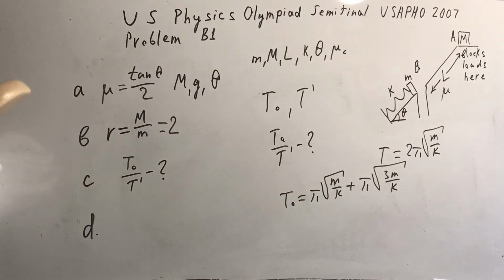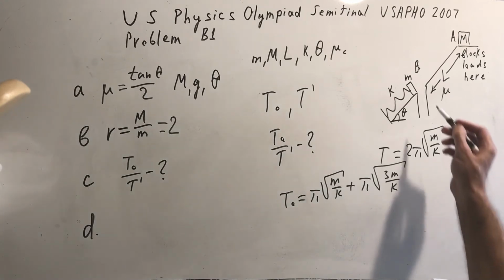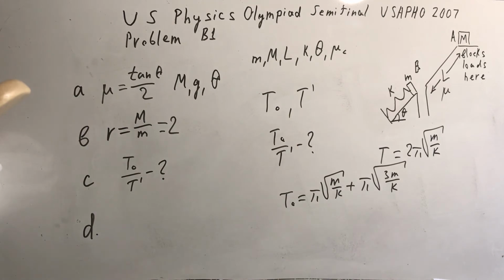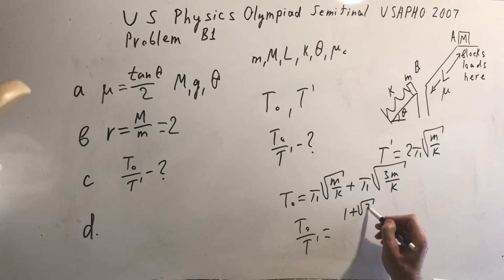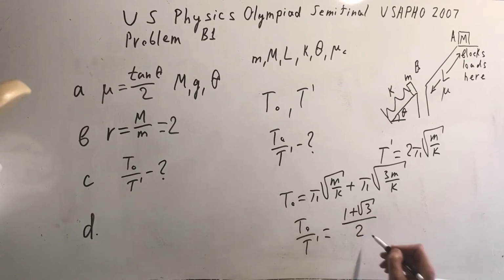And the period for this plane separately is this one. So it means that t0 over t prime is equal to 1 plus root 3 over 2.